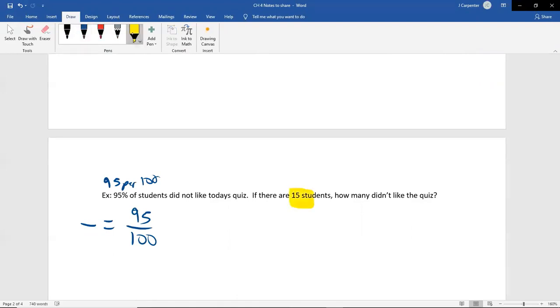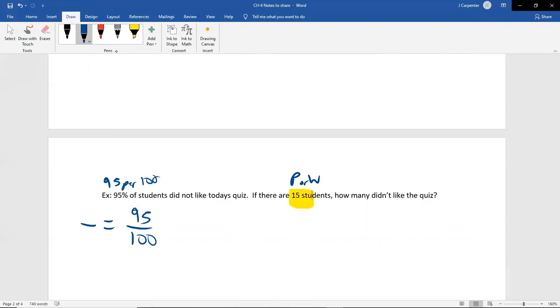So what we've got to figure out now is, is this the P or the whole? Is it the part or the whole? So we have 15 students and we're saying how many didn't like the quiz? Could 16 or 17 or 20 students not like the quiz? Well, no, that's not possible because I'm telling you there's 15 students.